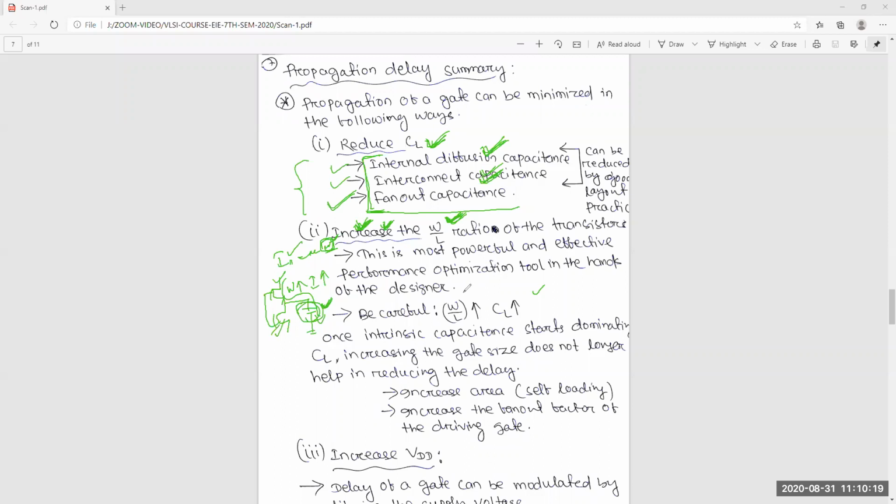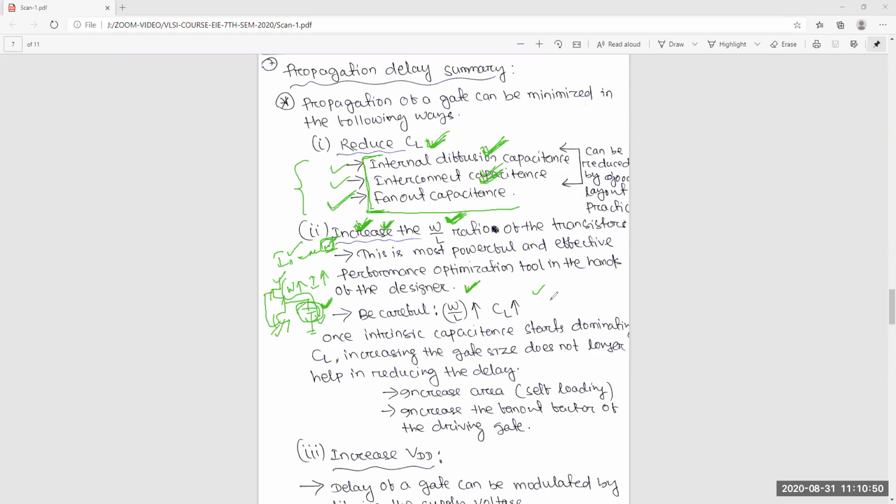If you increase W/L very high, what happens? W increases means your diffusion capacitance also increases, the overlap capacitance, all these capacitances will increase, or not? The intrinsic capacitances. Yes, sir. So that also creates a problem, because your main aim is to reduce the propagation delay by increasing W/L.